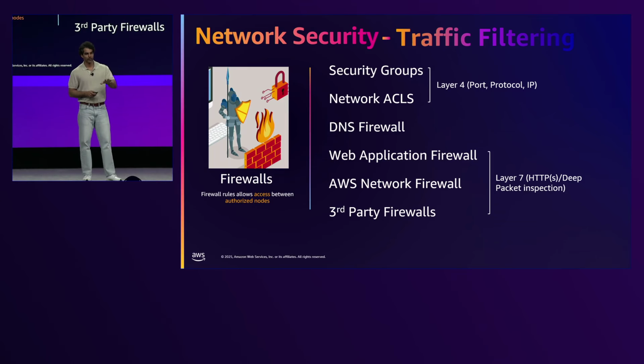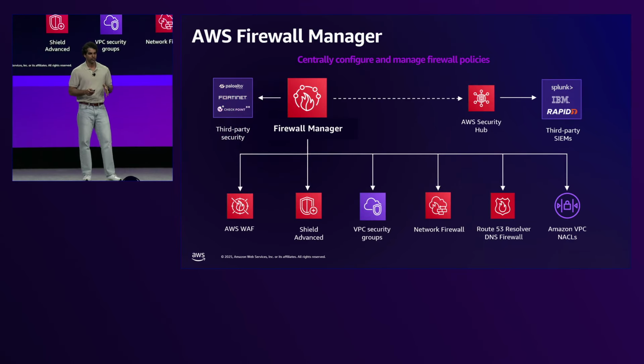All right, now we have looked at all the different options we have for traffic filtering. But you might be thinking, I'm deploying security groups in one VPC, I have a VPC firewall somewhere else, I have DNS firewalls, I have so many firewall products. How do I manage them? Well, AWS Firewall Manager is the answer, which can help you centrally configure and manage firewall policies.